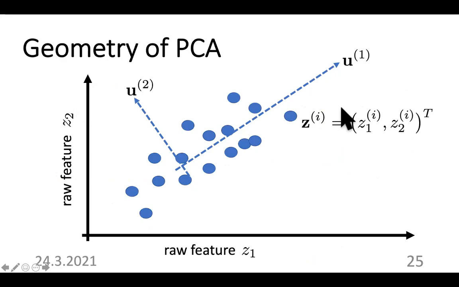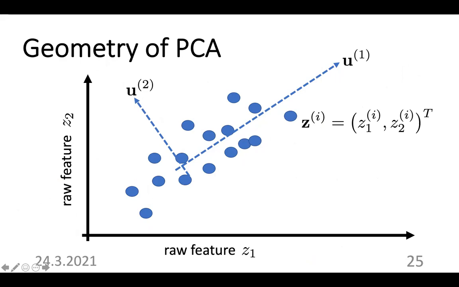So here's an illustration of the resulting eigenvectors of the sample covariance matrix. If we look at the data set here, each blue dot represents one data point. It turns out that the eigenvectors of the resulting sample covariance matrix are oriented approximately like this.